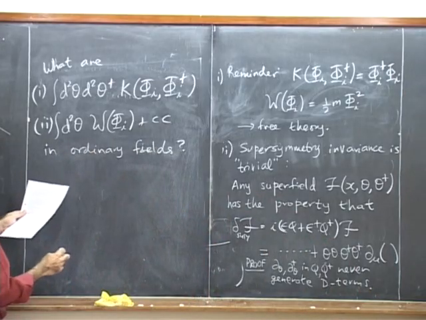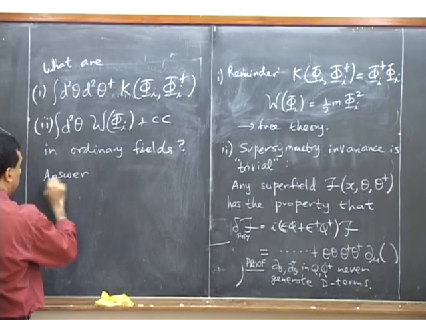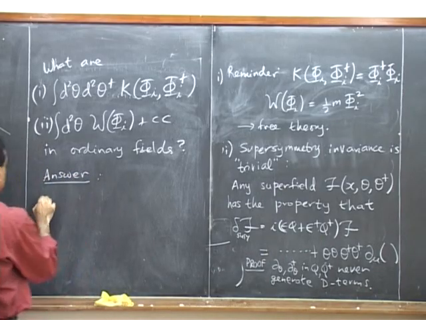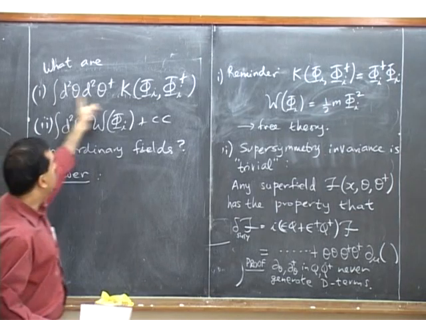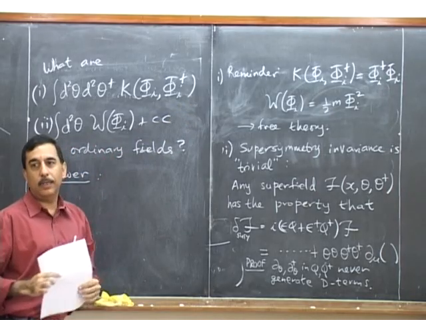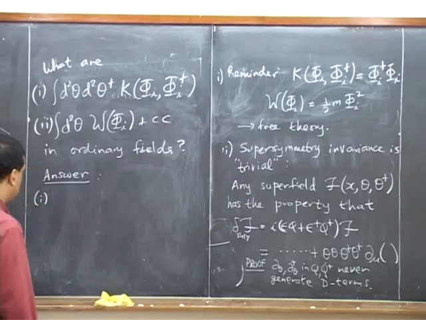So the answer is, I'm not going to write it in excruciating detail, but I'll just show you how it happens. Okay. The first thing is that when you expand this out, you'll find that the answer depends on the second derivative of K, the Kähler potential.